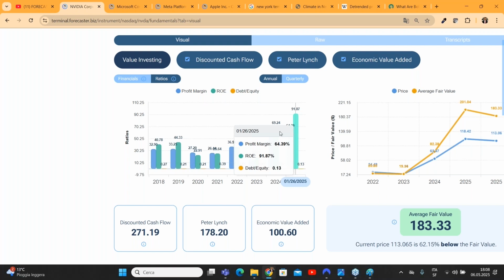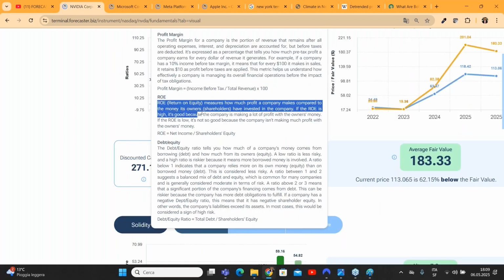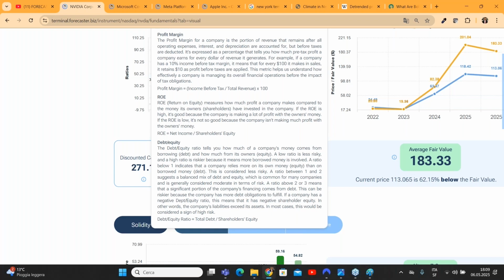ROI, very interesting, is return on equity. The ROI measures how much profit a company makes compared to the money its owners, the shareholders, have invested in the company. Very important number.